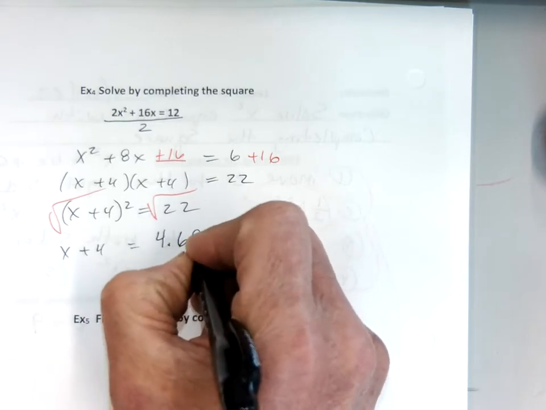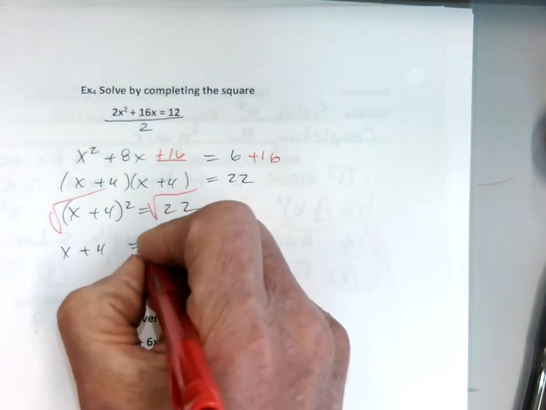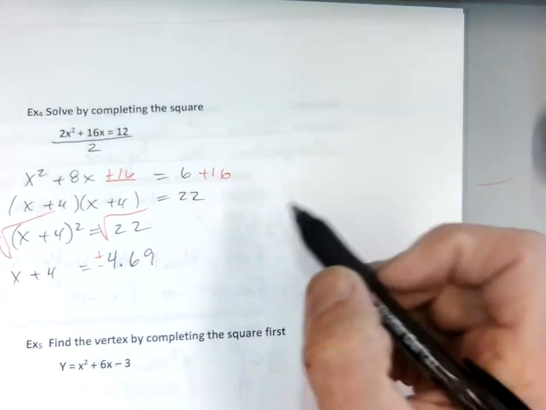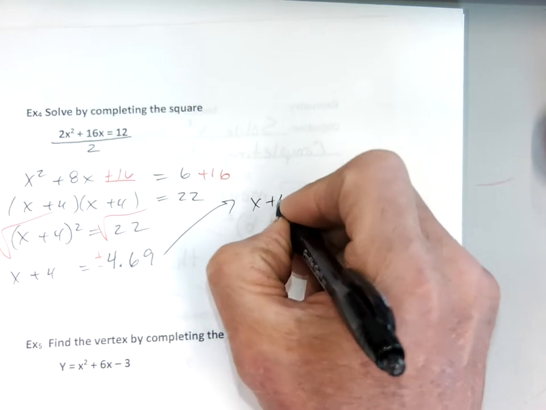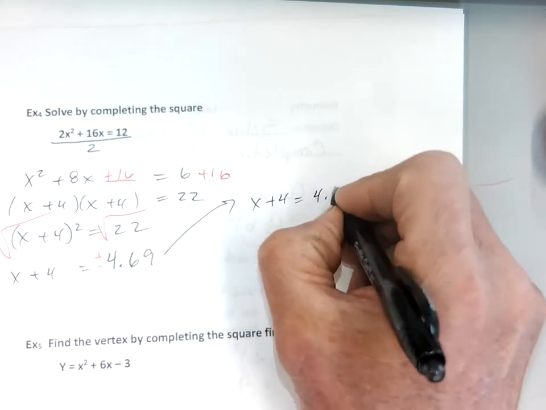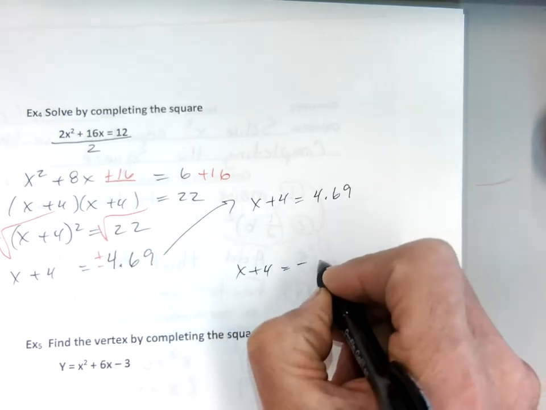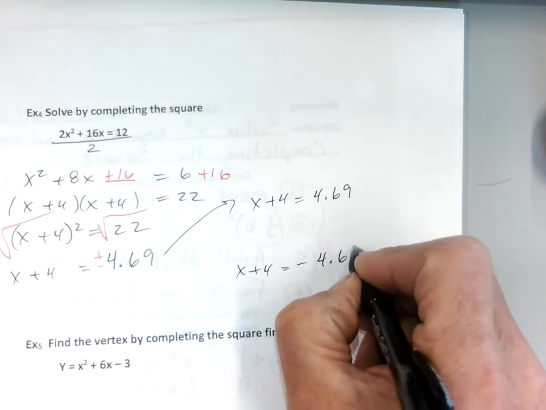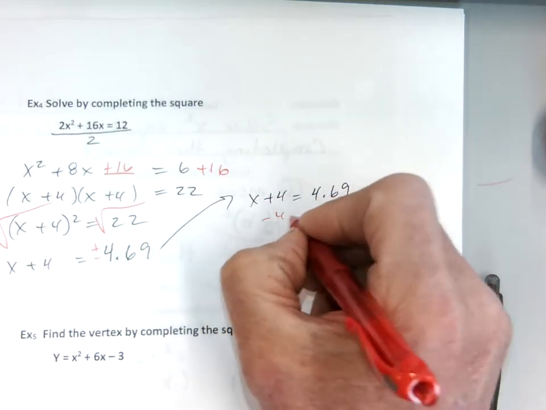And then I need two answers, so tell me what I'm going to do. Plus and minus, right? So I'm going to get two little mini equations. One is going to be x plus 4 equals 4.69, and x plus 4 equals negative 4.69.